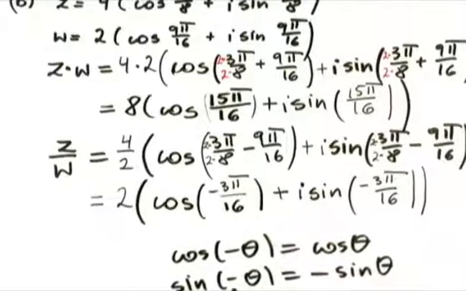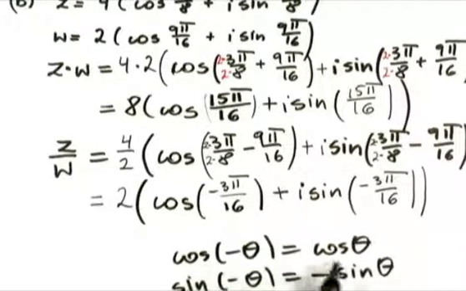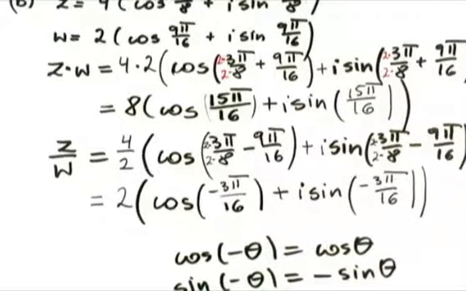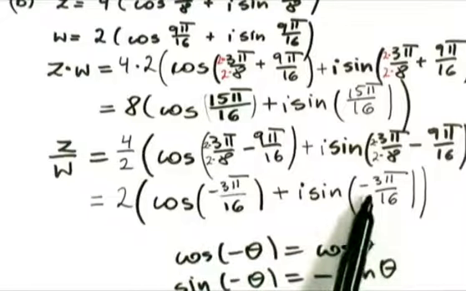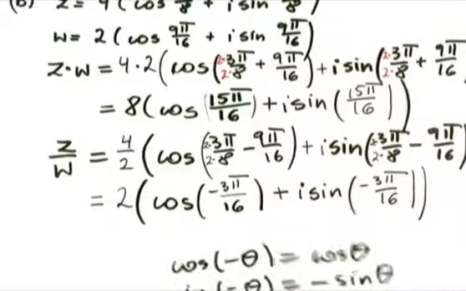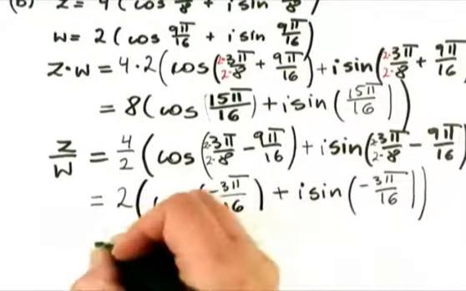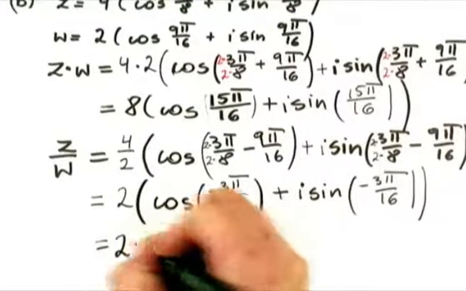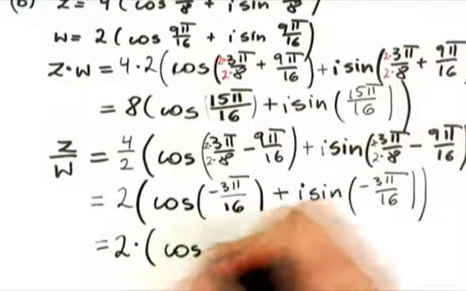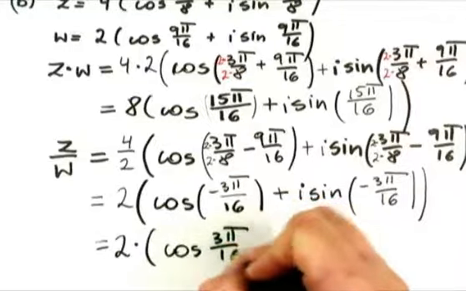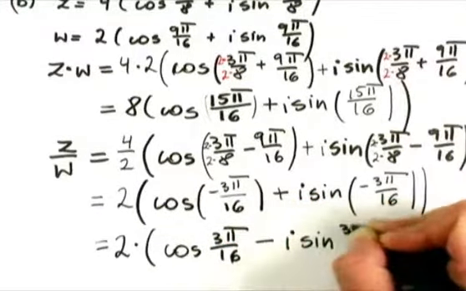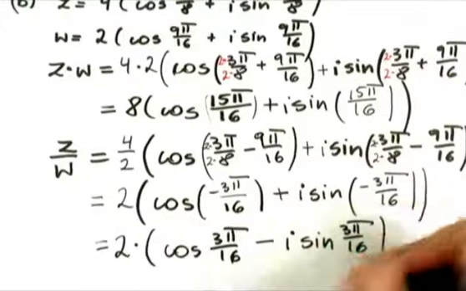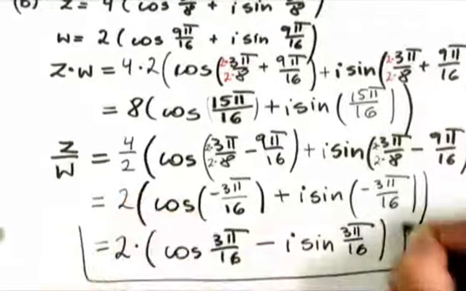We always have the minus out for all of them except cosine. For cosine, the minus is equivalent. Okay, so this minus disappeared, and this minus can go in front. So this is equal to 2 times cos 3 pi over 16 minus i sine 3 pi over 16. That's my final answer.